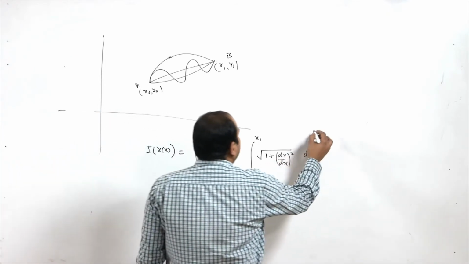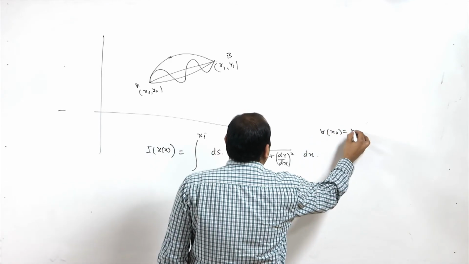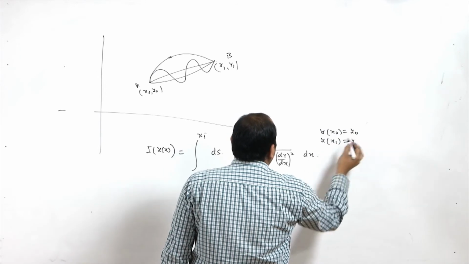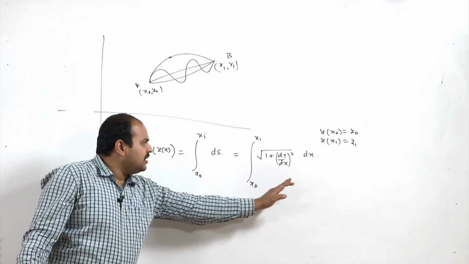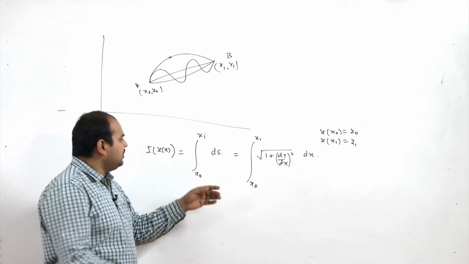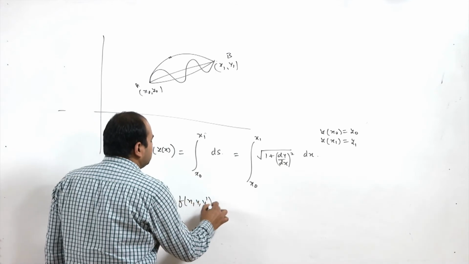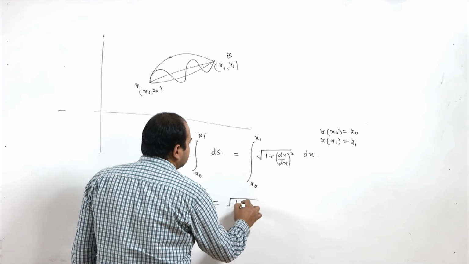Here the condition is given that y of x0 is equal to y0 and y at x1 is equal to y1. So we want to extremize the functional given here. In this case f of x, y, y dash is nothing but root of 1 plus y dash square.